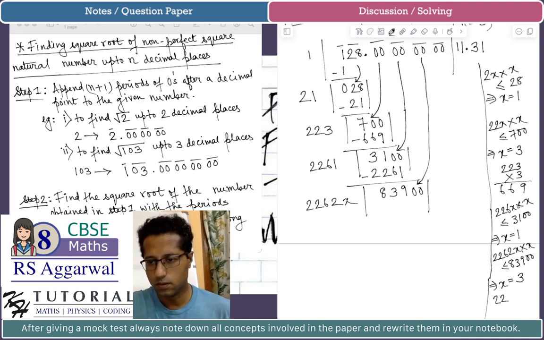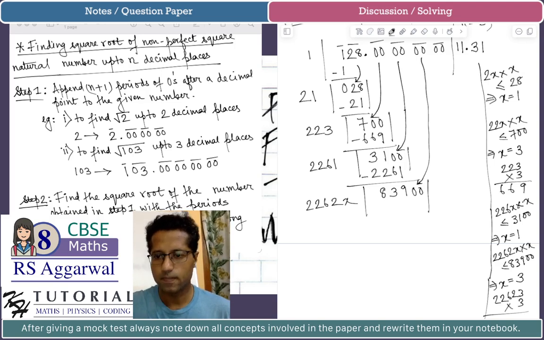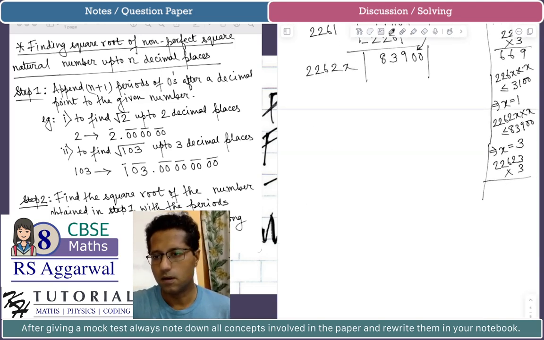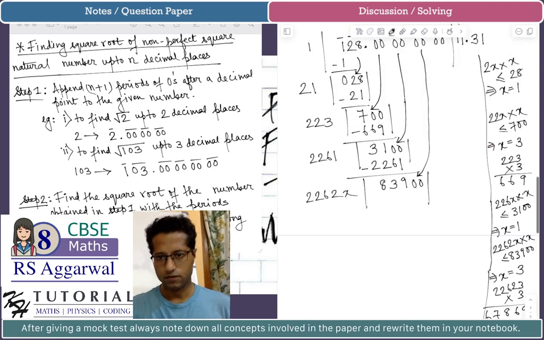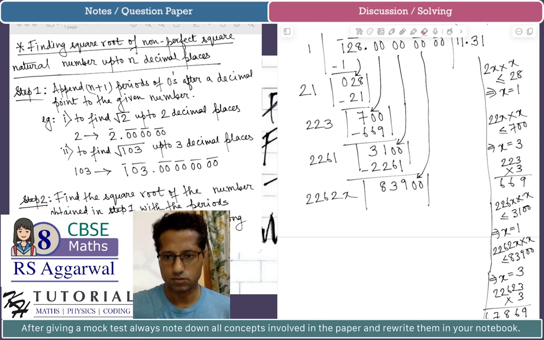So 22623 multiplied by 3 becomes 67869. Okay, so x will be 3. I am replacing x over here with 3.